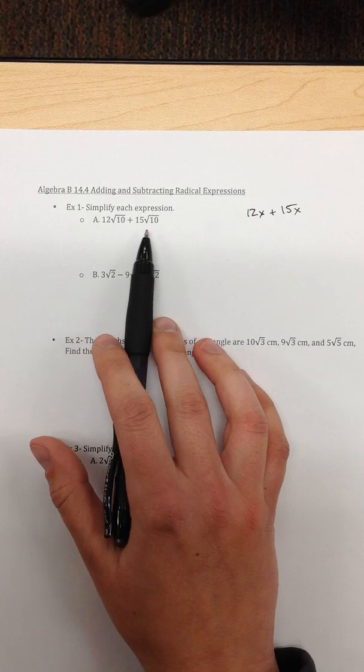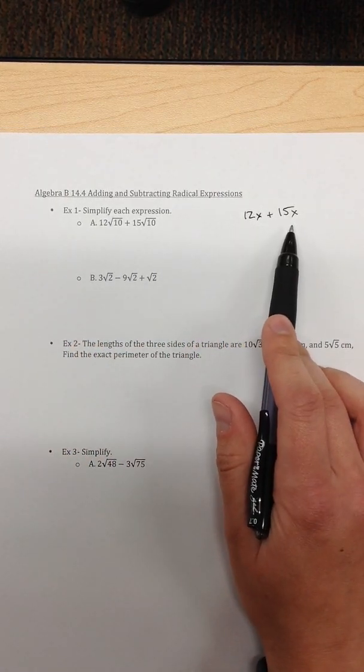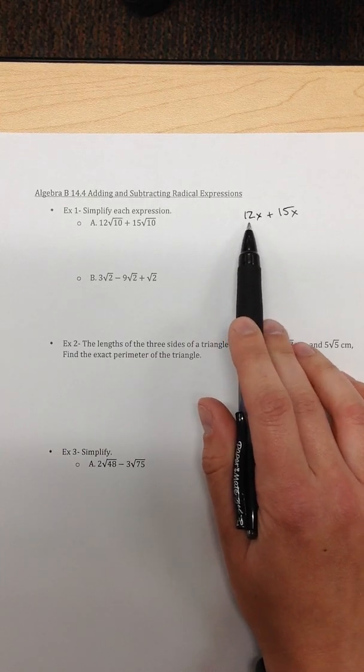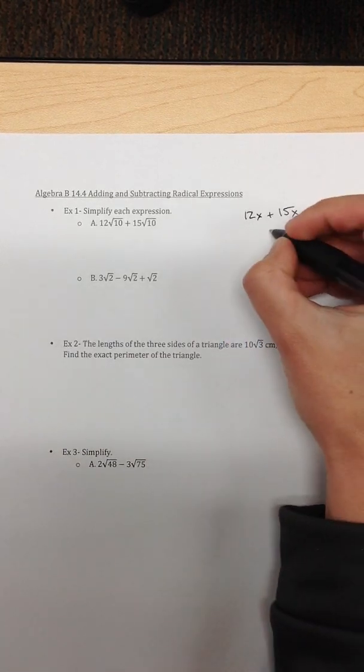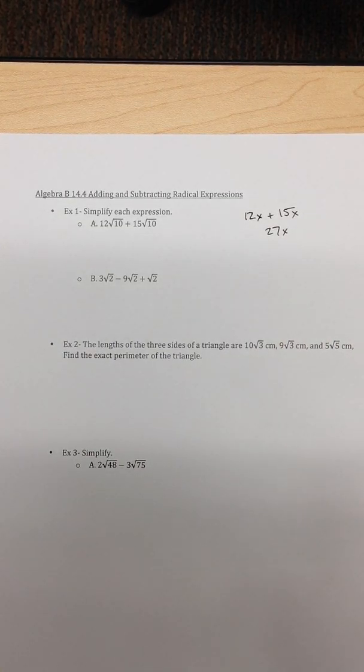If I think of those as a variable, and I had 12x plus 15x, I can add my 12 and my 15 together and get 27, and the x just goes with it, because I've got 12 of whatever the object is and 15 of that object, so I've got 27 of it.